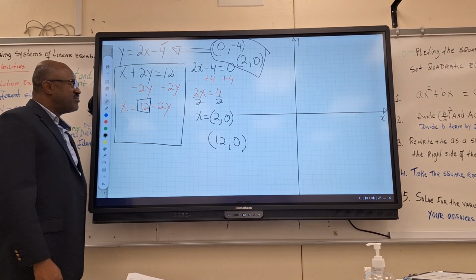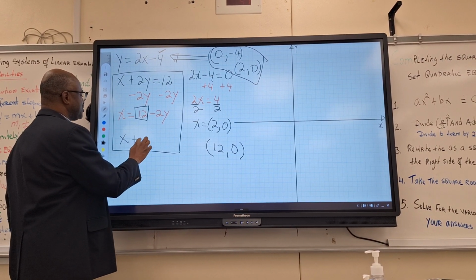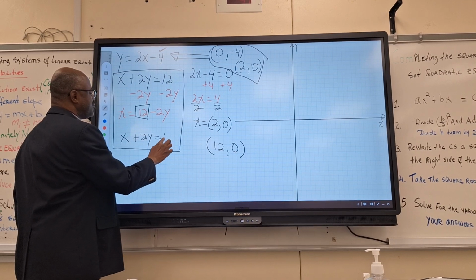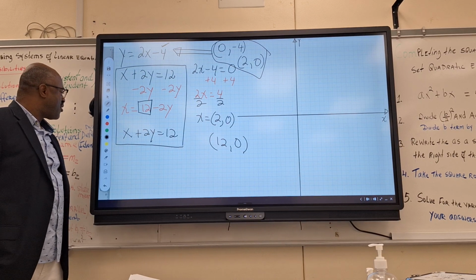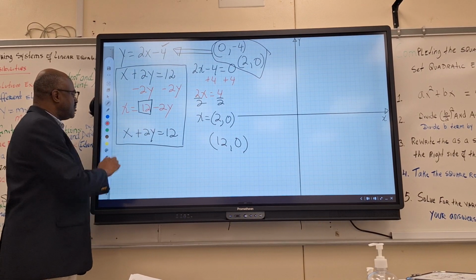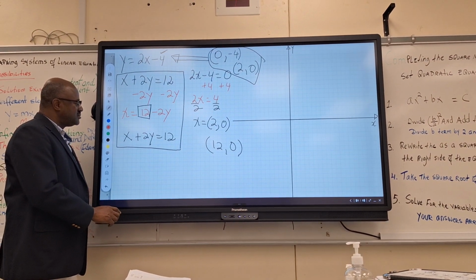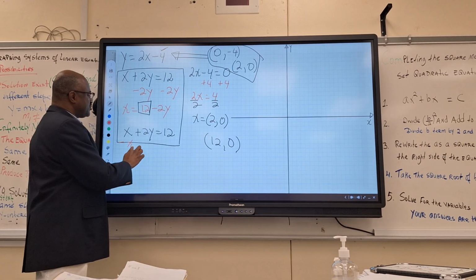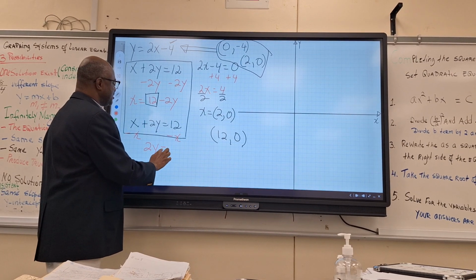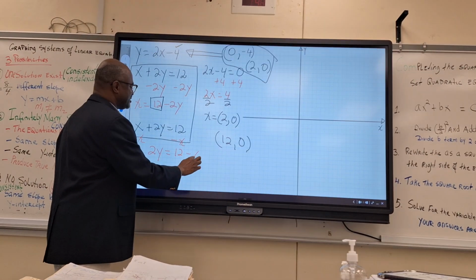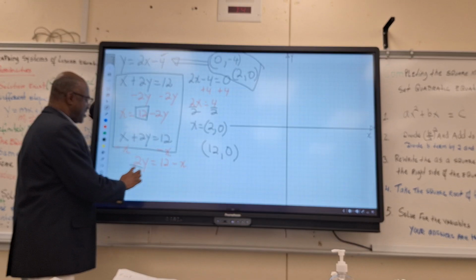And I'm going back to the same equation, solve for y. This is my original equation, 2x plus 2y is equal to 12. Right? Now I'm solving for y. If I'm solving for y, what do I need to do? Subtract x from each side. And I will have 2y is equal to 12 minus x. How can I get y by itself? Divide by 2.